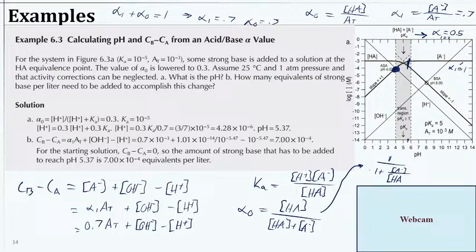That's just dividing the top and the bottom by HA. Now, with this, we can get the Ka equation to substitute in there, because if we divide both sides by H plus, we get Ka over H plus. So we can rewrite this as 1 over 1 plus Ka over H plus.